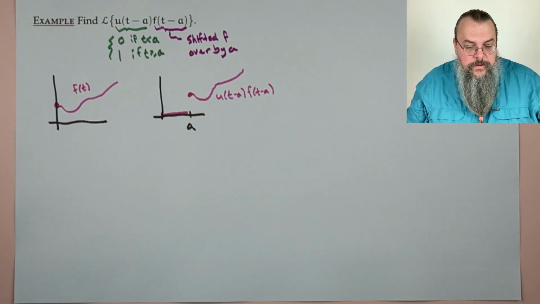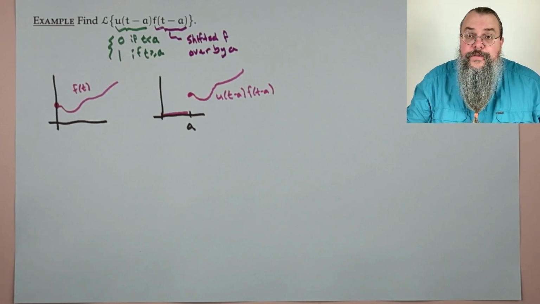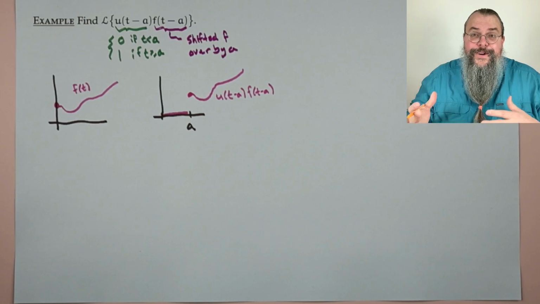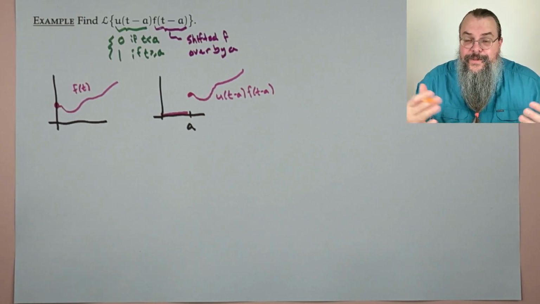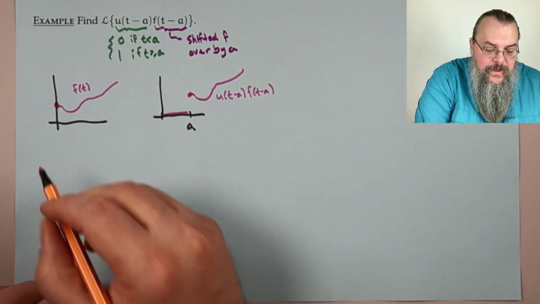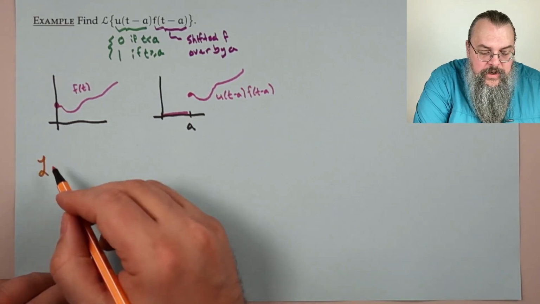Well, what do we do? When we have something that we haven't done before, usually we say, do we have a rule, or do we make a rule? This is the latter. We're going to make a rule. So we're going through our process.